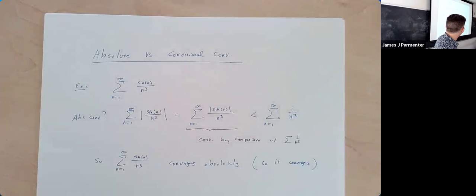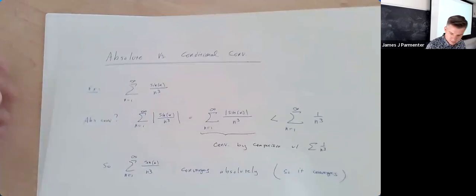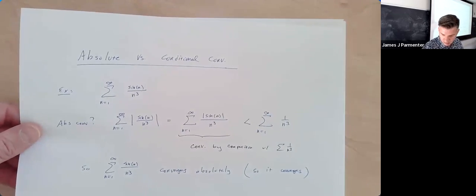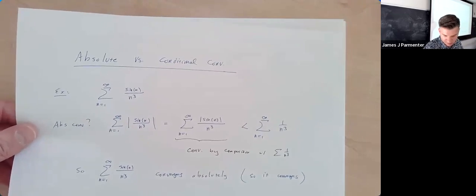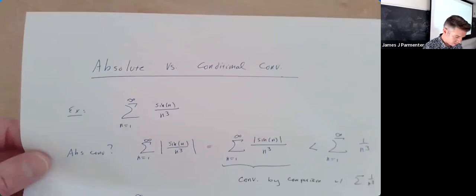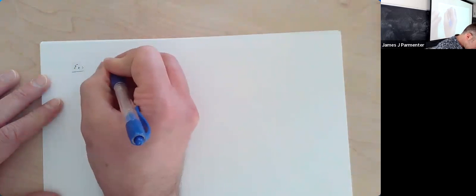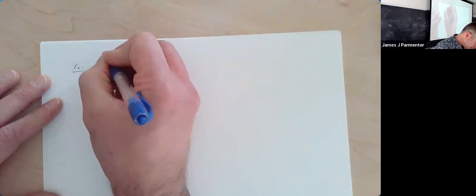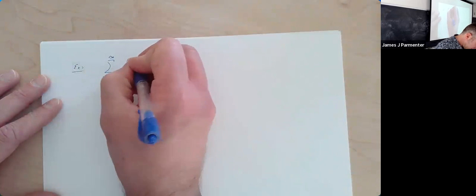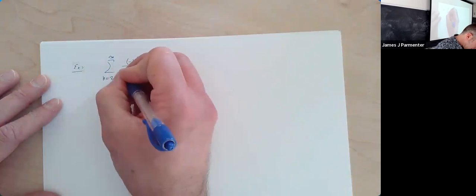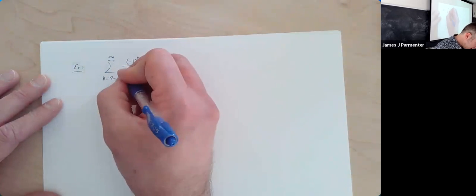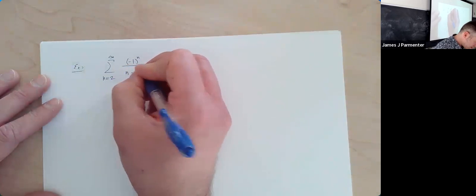On the other hand, sometimes things don't converge absolutely. For example, the sum from n equals 2 to infinity of negative 1 to the n over n times 4 to the n.